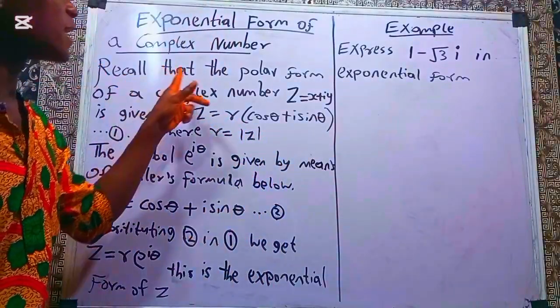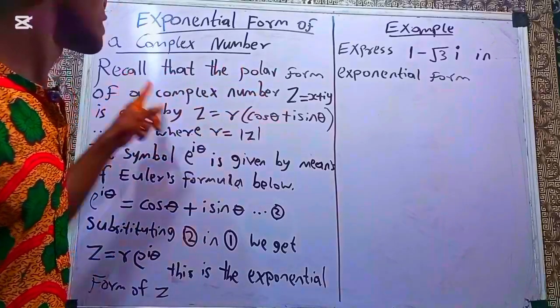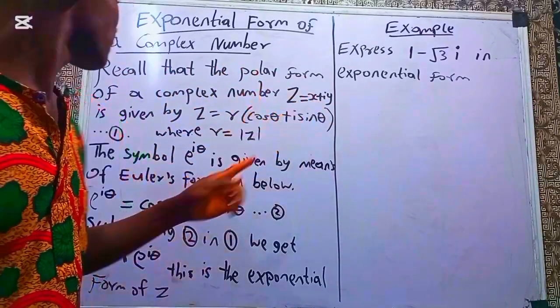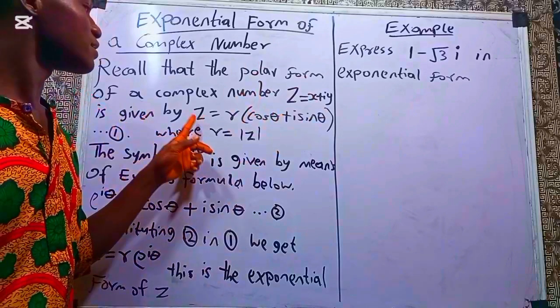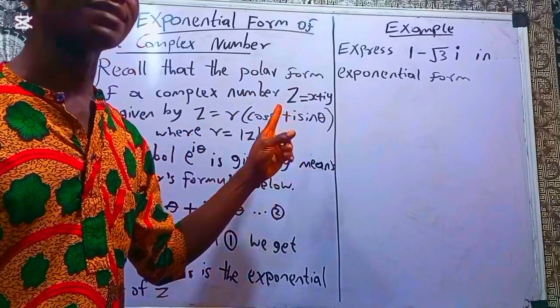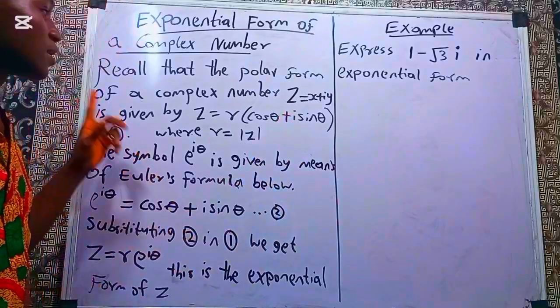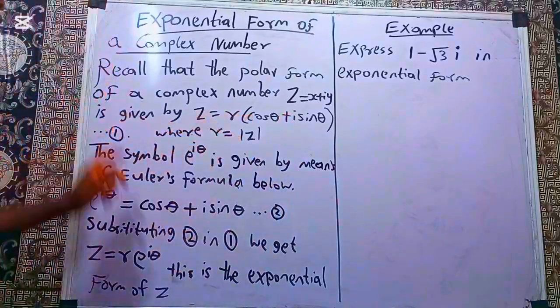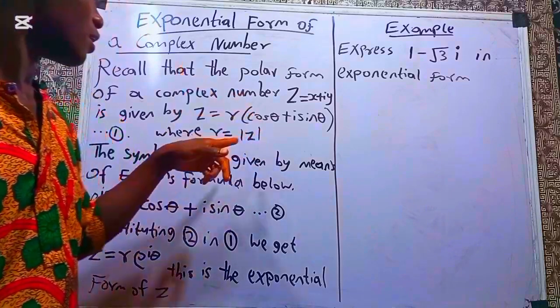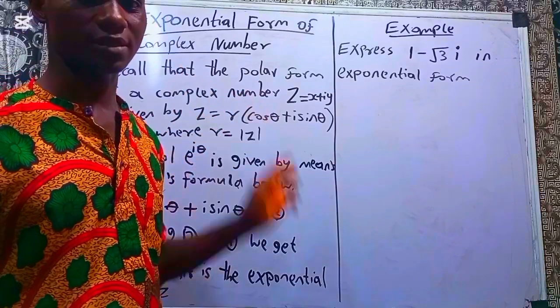Recall that the polar form of a complex number z, which equals x plus iy, is given by z equals r into cosine theta plus i sine theta. Let us call this equation 1, where this r is the modulus of z.